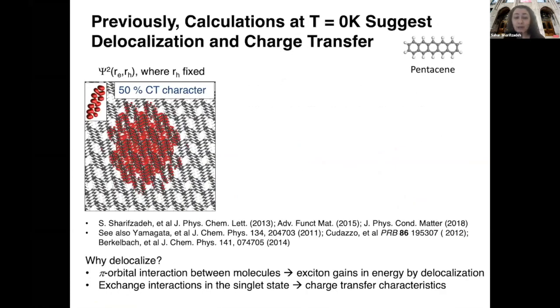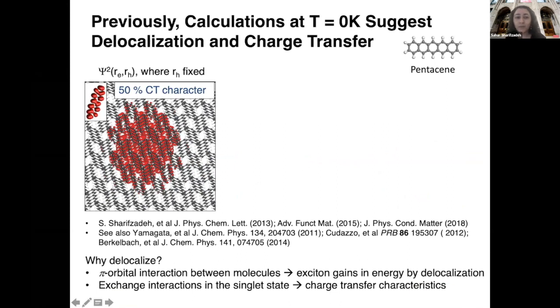When I was a postdoc a few years ago in Jeff Neaton's group at Berkeley Lab, we looked at the role of long-range order on the excitonic properties of bulk organics. I'm showing here the case of pentacene, where we have these 5 fused benzene rings, and we have the frontier orbitals or pi-like orbitals.